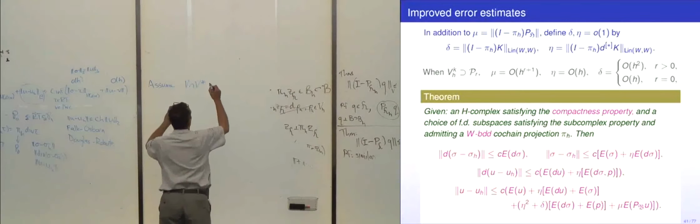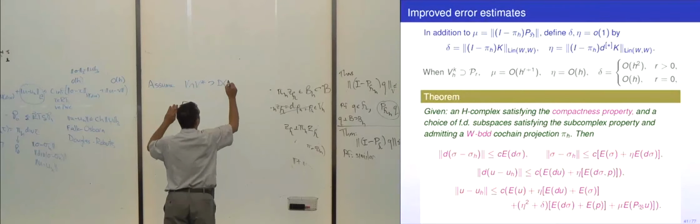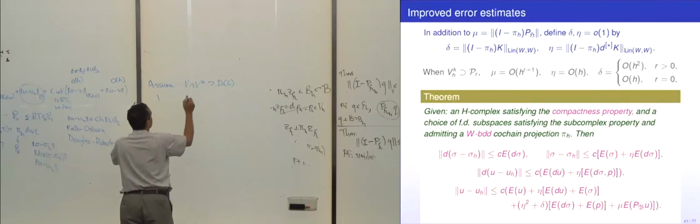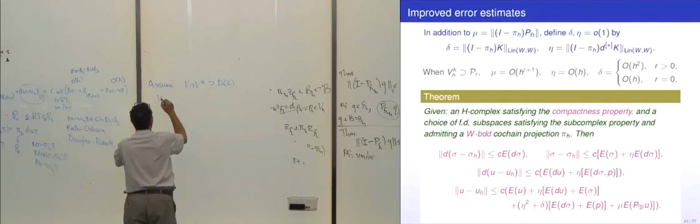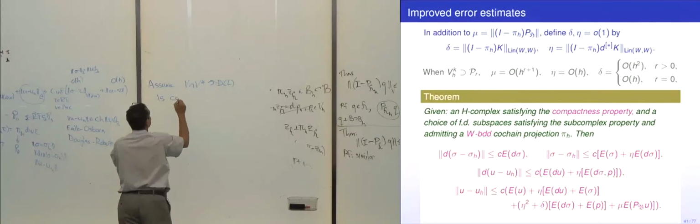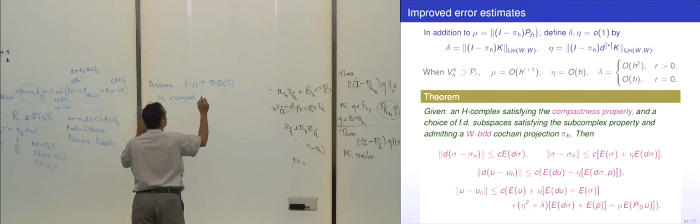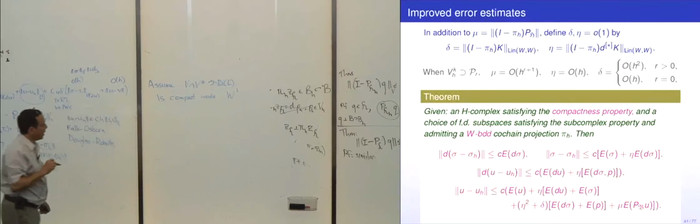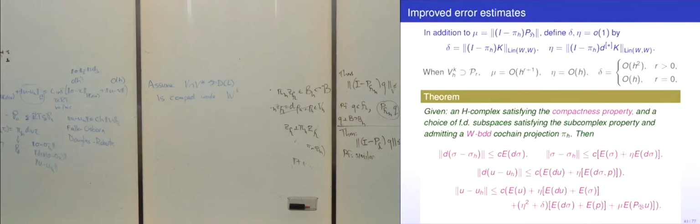It's a bigger space than the domain of the Laplacian. And we have to assume that V intersect V star is compact inside W.